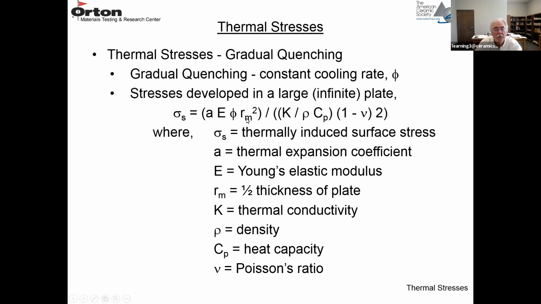So the bigger the sample, the bigger the stress. It develops a bigger thermal gradient. And then it's divided by the conductivity, the density, the heat capacity, and the Poisson effect. And this is a 1/2 constant that we talked about.